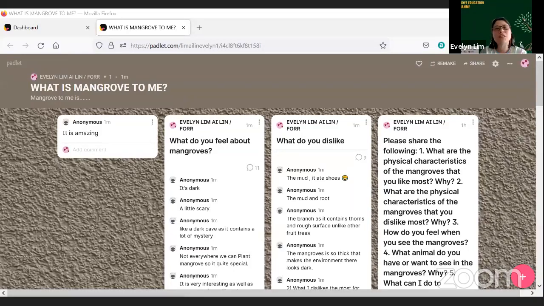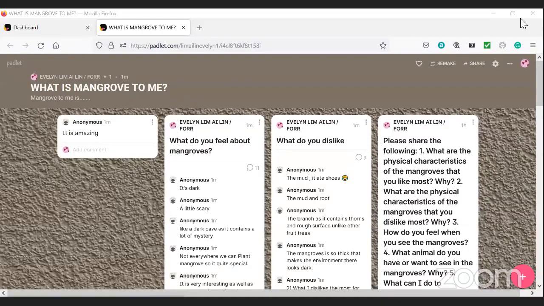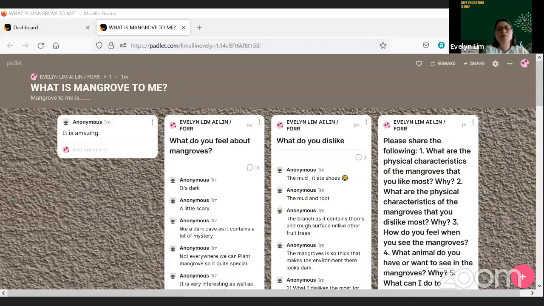Yes, in Lahad Datu, Jessica, right? And one of your friends has also stated that the mangrove they visited is in Sabah, Lahad Datu. Okay, all right. Yes, I'm from Sabah. Jessica, could you share with us what your experience was like in the mangroves that you visited?